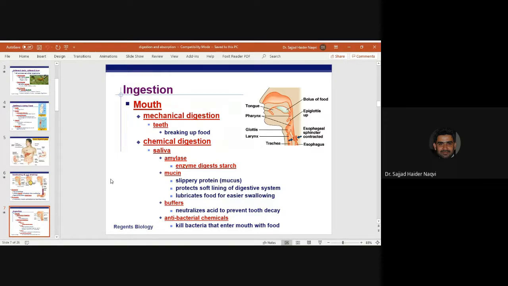So you have amylase present in the saliva, then mucin, which is primarily for lubrication, then buffers for neutralizing the acidic pH, and then antibacterial chemicals killing the bacteria or other harmful organisms which might come with the food.